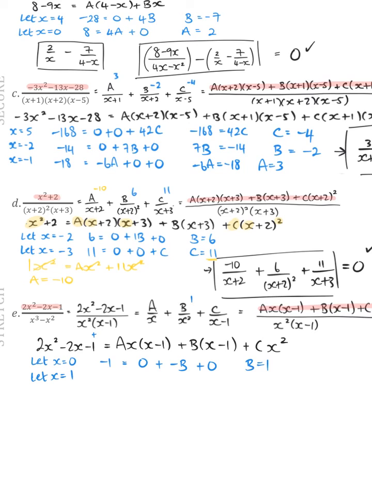So 1 store x, go back up, minus 1 equals 0 plus 0 plus c, because that's 1 squared, so c equals minus 1. And then comparing coefficients, we have 2x squared equals ax squared plus cx squared.